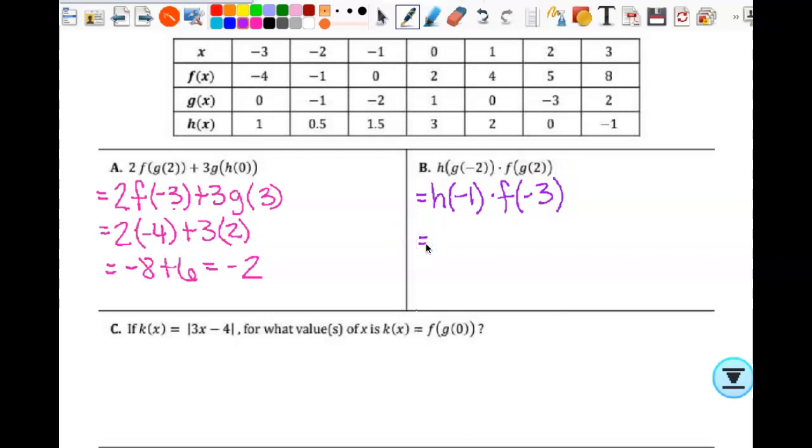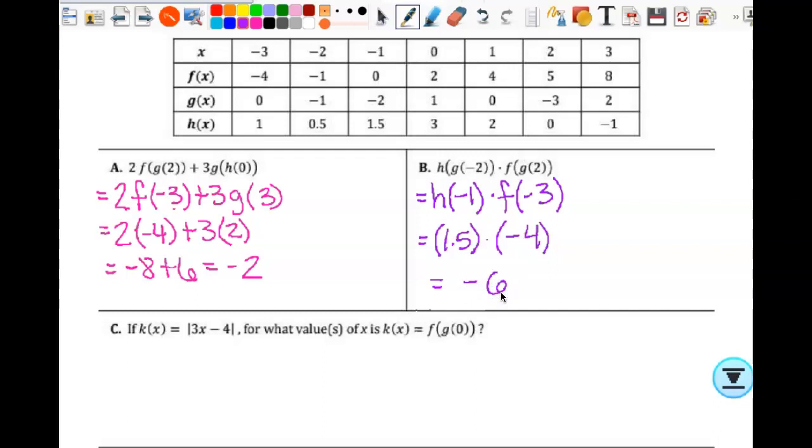So then I get h of negative 1, which is 1.5, times f of negative 3, which is negative 4. And then what is 1.5 times negative 4? Negative 6.